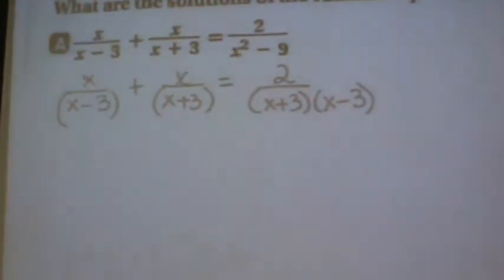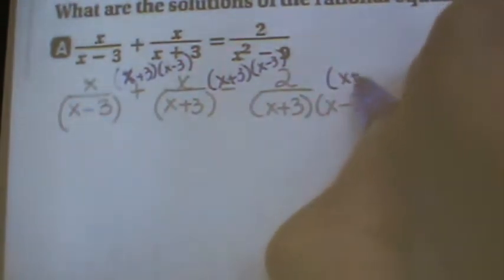Now, if you were to add these fractions together, what would be the common denominator? It'd be that x plus 3, x minus 3, right? So what you're going to do is use that common denominator and put it by each of these three fractions. I always put it in a different color.